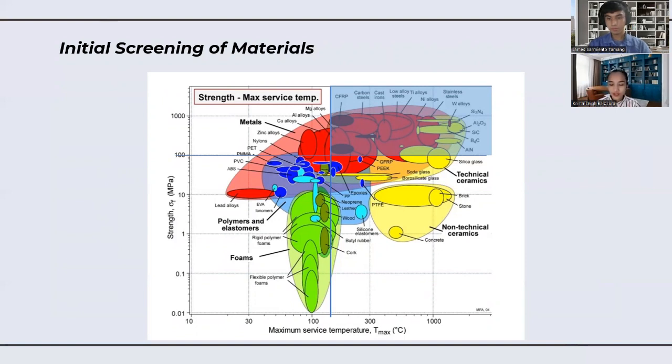Since hot phenol can attack aluminum, lead, magnesium, and zinc, these materials are already excluded from the selection process.